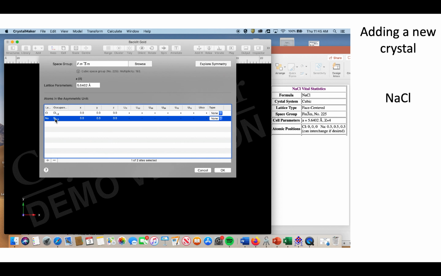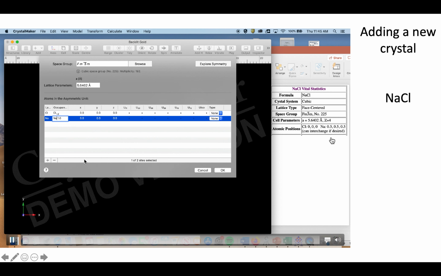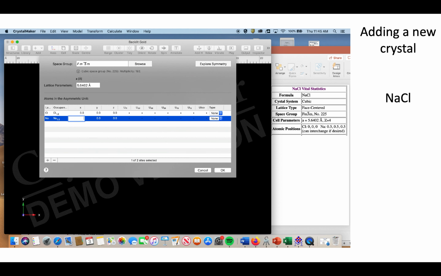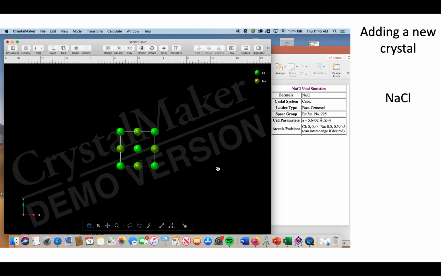Sodium is the other atom present. If I look at that, it's found at positions 0.5, 0.5, 0.5. So let's add that within our setup. This is about the simplest that we can have when we're constructing a crystal structure. And voila, sodium chloride.